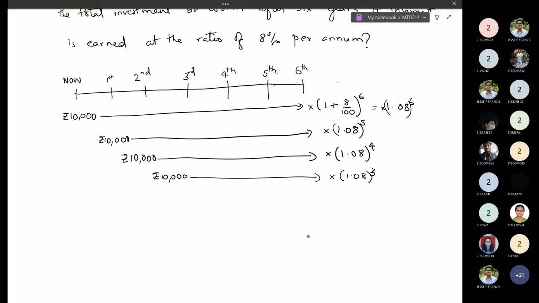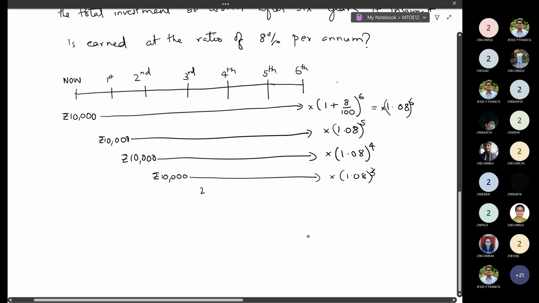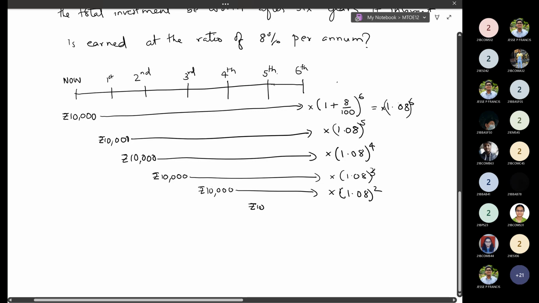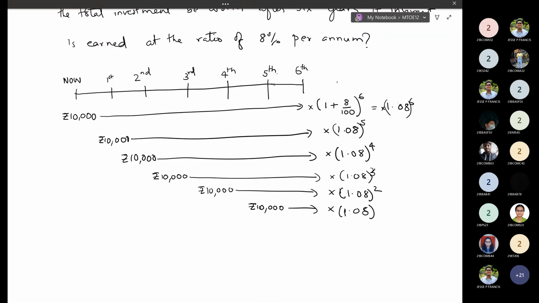Going forward, the fourth year, I am investing again rupees 10,000 into 1.08 to the power 2. Fifth year also, we are investing rupees 10,000, which becomes that into 1.08 to the power 1. Now, adding these up will be our total amount.